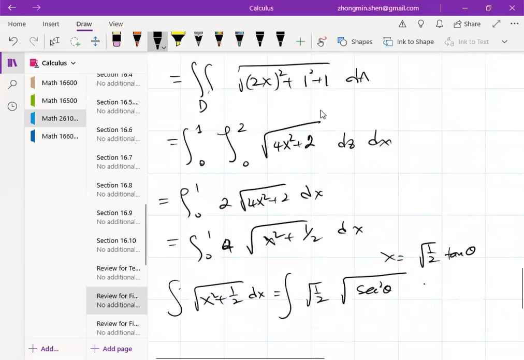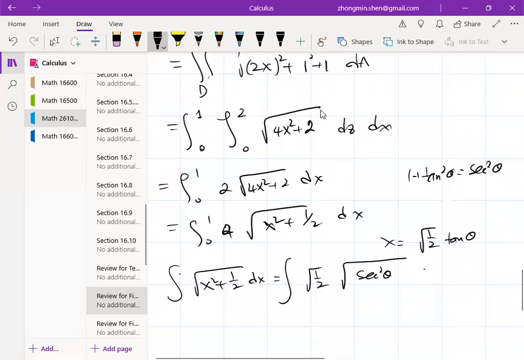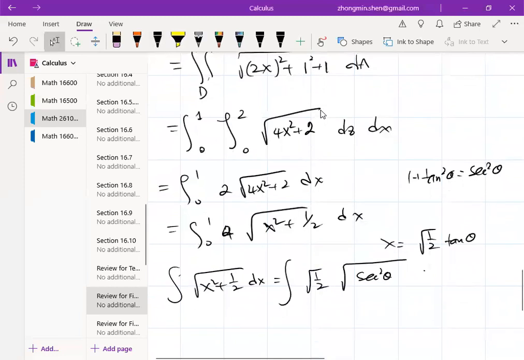But the derivative of tangent, I forgot that, but you can easily find the formula. You just find the derivative of tangent theta. The denominator is cosine squared theta, the numerator is sine, so sine becomes cosine, then minus, so it becomes positive.